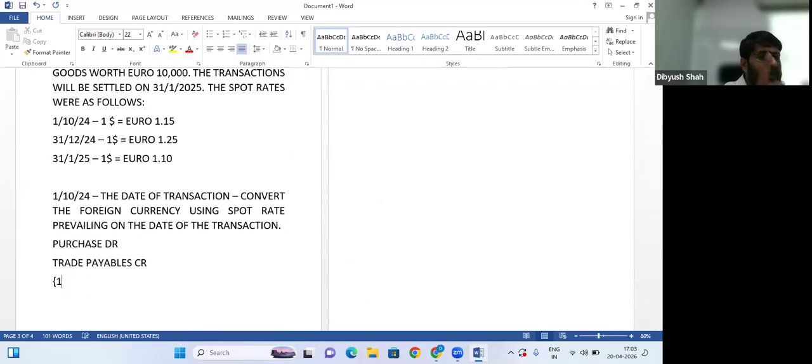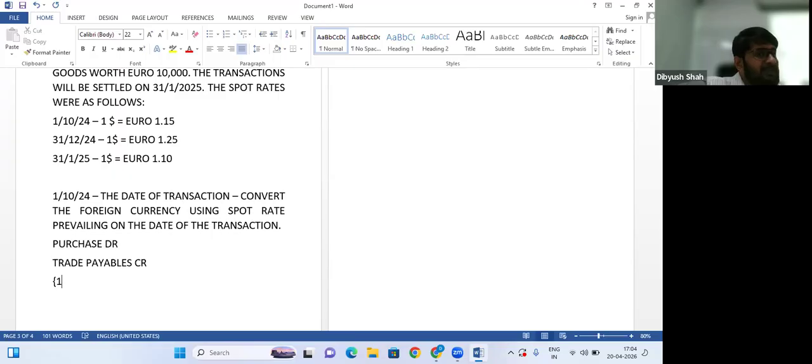I have given $1 equals 1.15 euro. So if you sell $1 on 1st of October, that is the date of the transaction, you will get 1.15 euro. And if you want to buy $1 on the date of the transaction, you will have to sell 1.15 euro.